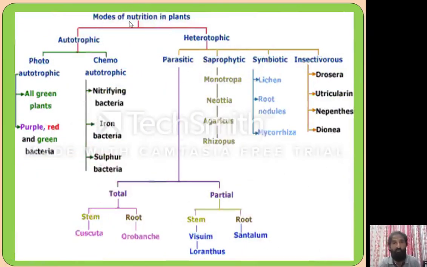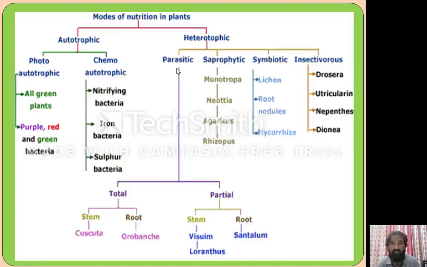It is an overview of the modes of nutrition in plants. Actually, plants show autotrophic nutrition and heterotrophic nutrition. Autotrophs are mainly divided into photoautotrophs and chemoautotrophs. Especially plants show photoautotrophs, while coming to chemoautotrophs, especially bacteria are involved in the chemoautotrophic mode of nutrition. Now coming to heterotrophic nutrition, we already discussed parasitic and saprophytic.